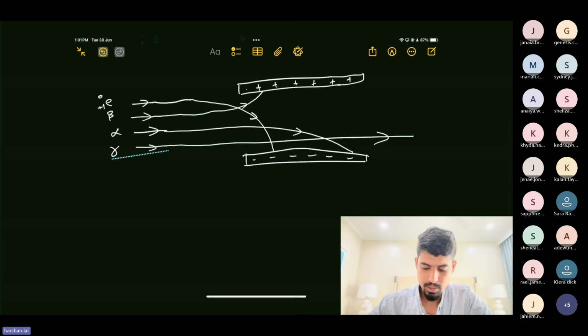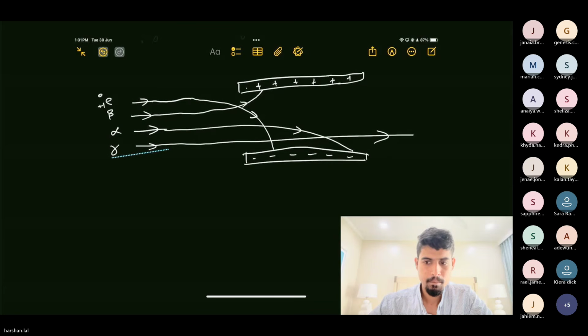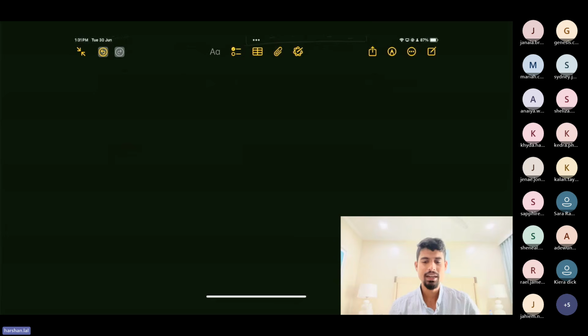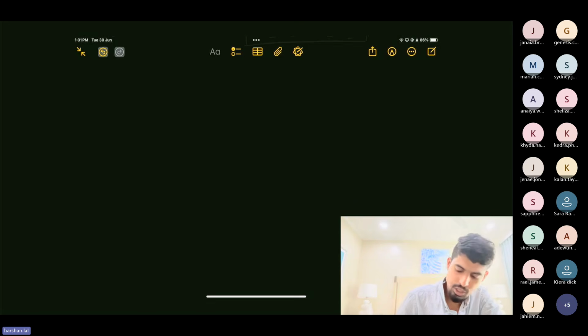Any questions about that? Okay. If not, let's move on to how would they be deflected in a magnetic field now. So let's say we have a magnetic field that is directed. How do we want to direct this magnetic field? We could direct this out of the sheet of the paper, right?